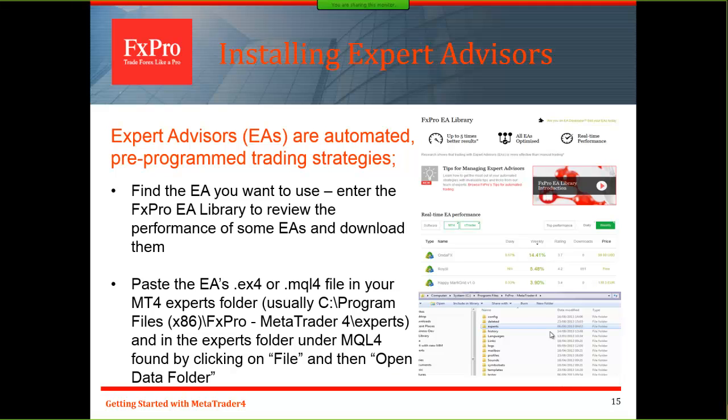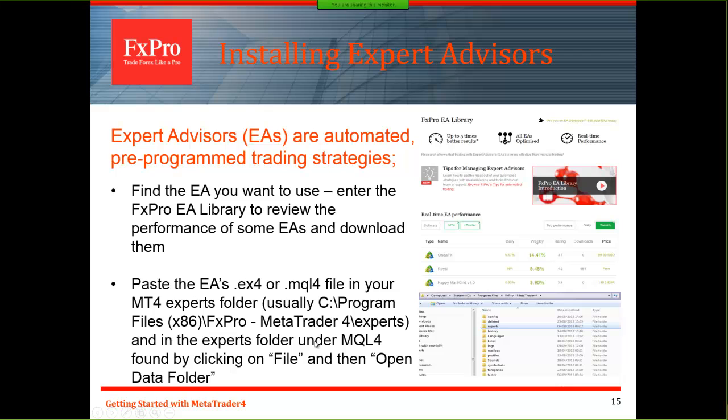Once you have identified an EA you want to use, paste the EA's EX4 or MQL4 file in your MT4 experts folder. This is usually located under your program files, FxPro MetaTrader 4 experts.